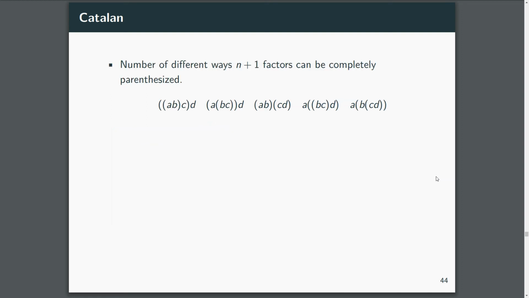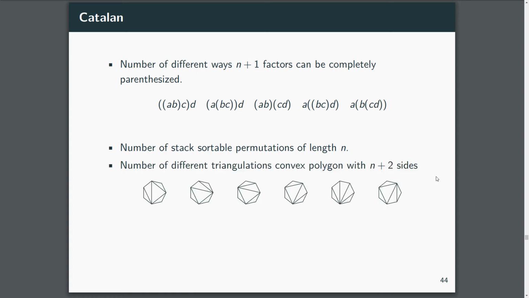So, for example, the number of different ways n plus 1 factors can be completely parenthesized. We have the number of stack sortable permutations of length n. Number of different triangulations for convex polygons with n plus 2 sides.